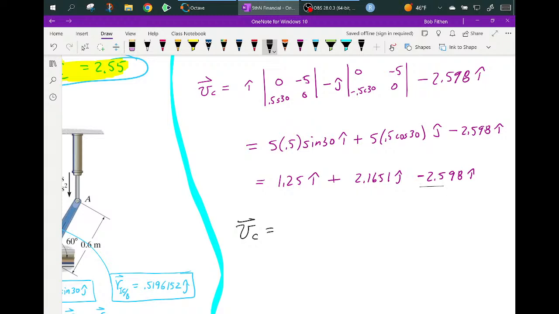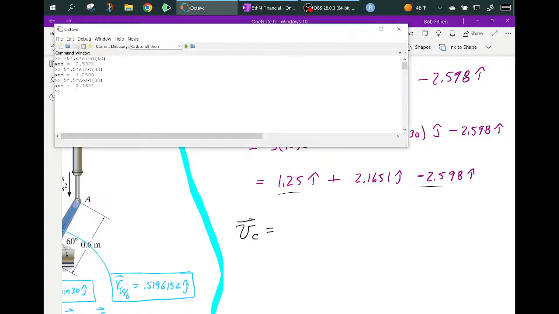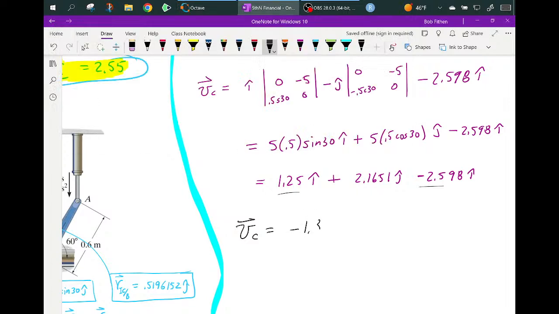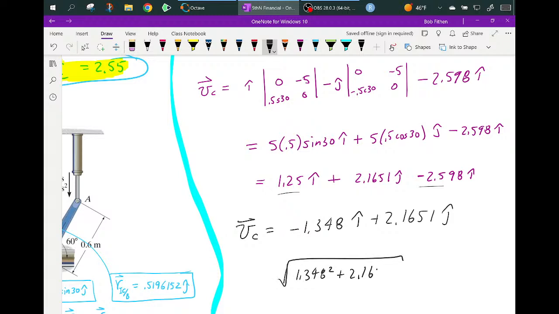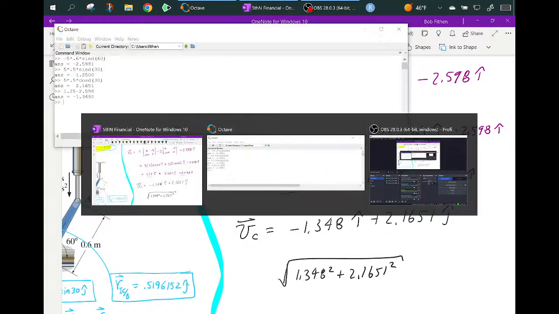So let's go ahead and subtract this one from that one. 1.25 minus 2.598 is equal to minus 1.348 I plus 2.1651 J. Its magnitude, so let's find that out.